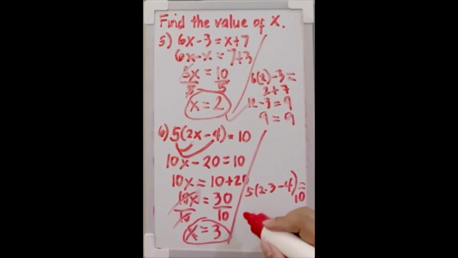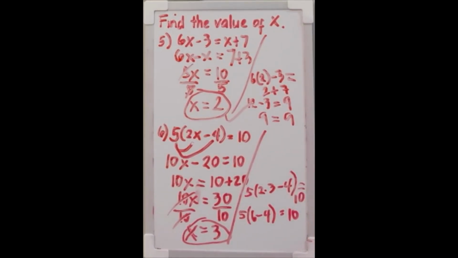Okay, next, 5 times 2 times 3, 2 times 3 is 6, minus 4, equals 10. So we will subtract these numbers. 6 minus 4 is 2. So this will become 5 times 2 equals 10. And 5 times 2 is really equal to 10. So 10 equals 10. So these numbers are equal. Therefore, our answer here is correct.